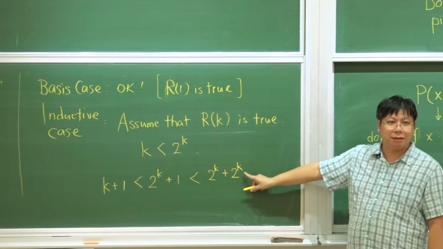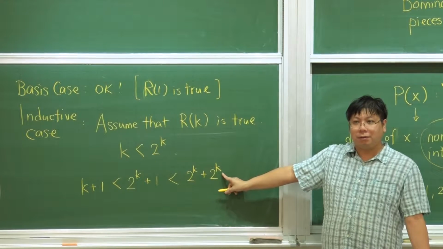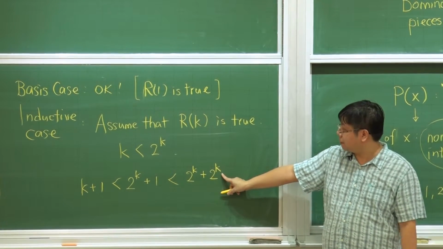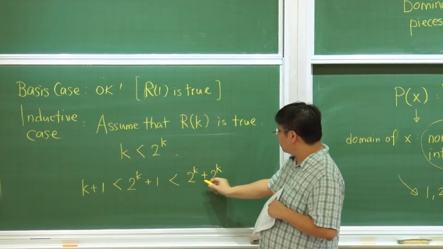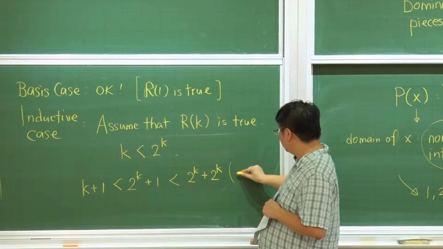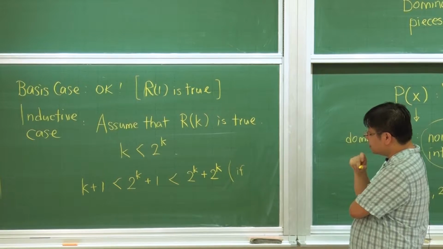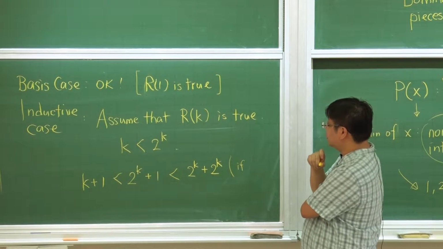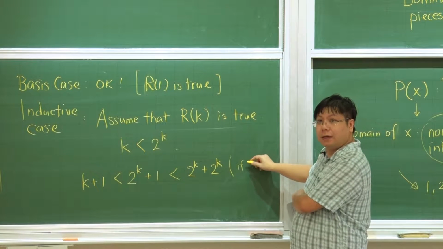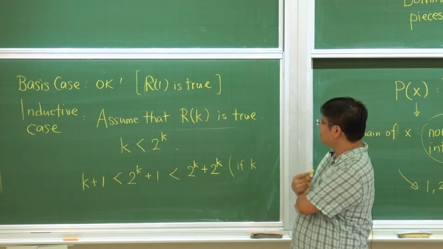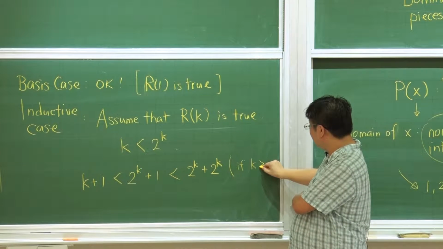Is it always correct? No, this is not always correct. When will it be correct? We don't know, but we assume that R(k) is true. We will have this one less than this one if k is larger than 1.